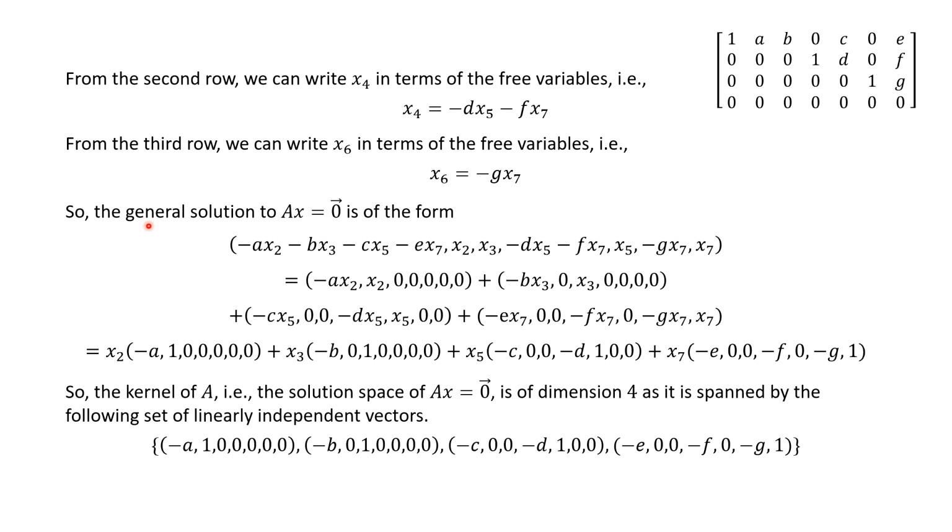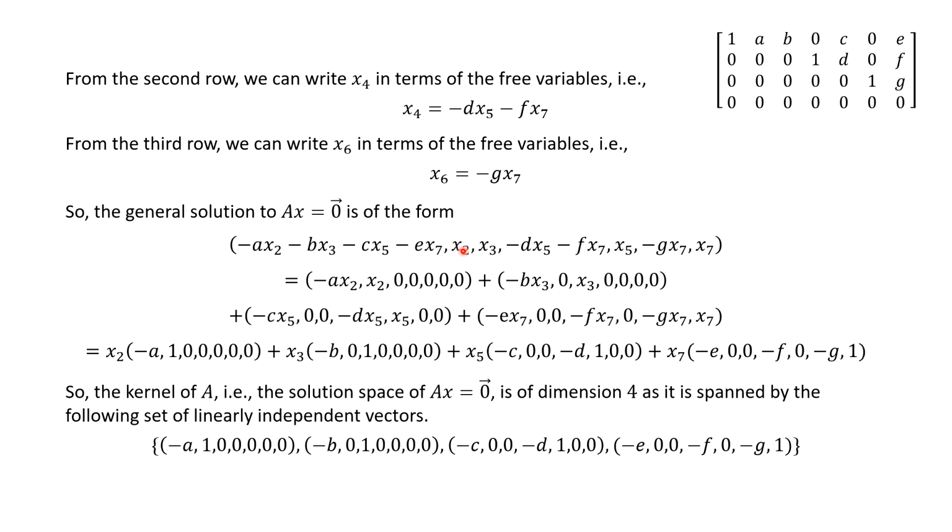Then we can take our general solution to Ax equals 0 and plug in the values that we found for x1, x4, and x6 into the vector for x. So you see here the first thing is, we took that from the previous slide, but this is what we solved for x1.